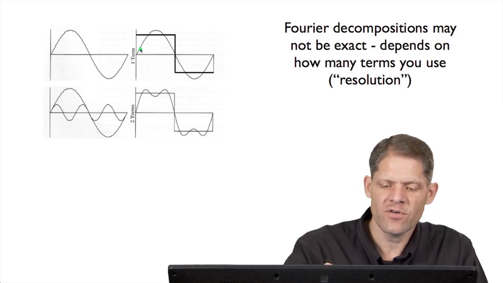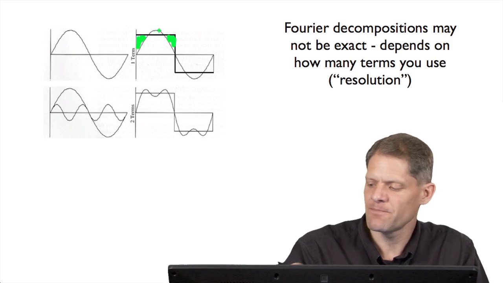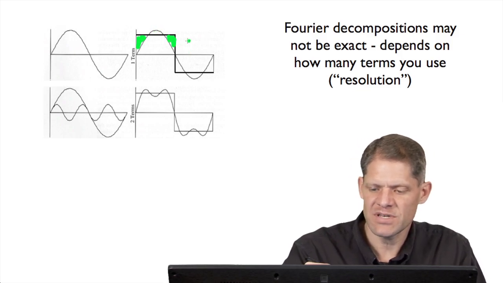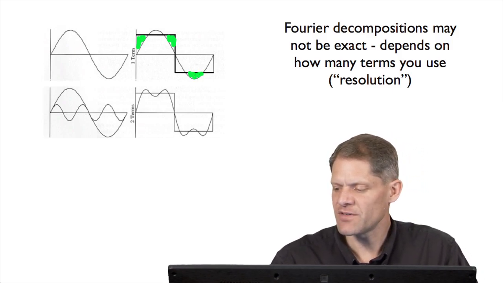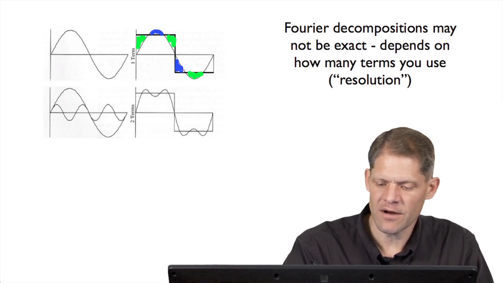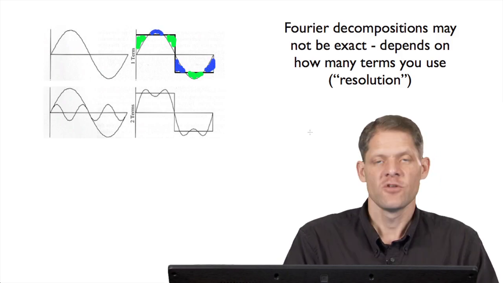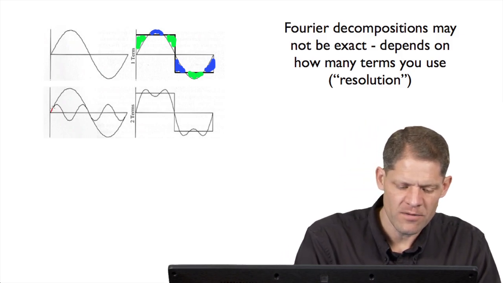Well, when I look at the first sine wave, the errors that it makes is that it's missing density there and here, but it has too much density here and here and here. So the next sine wave that we should add is this one.